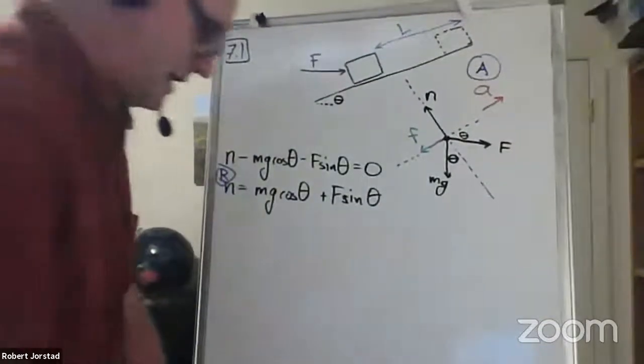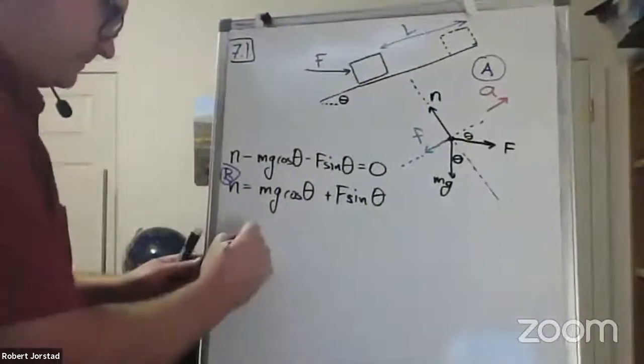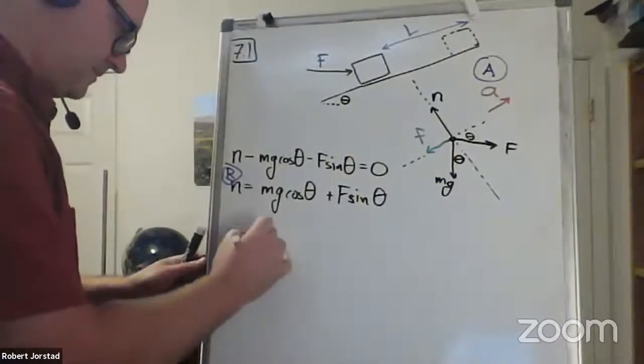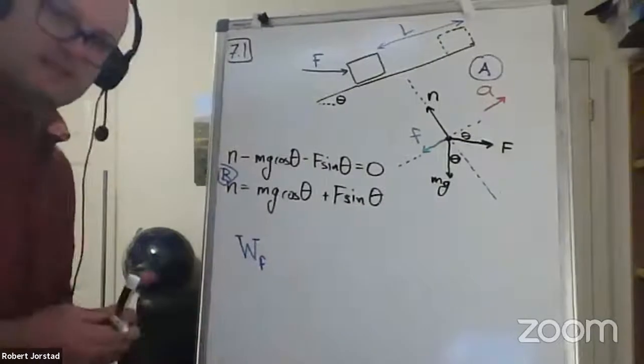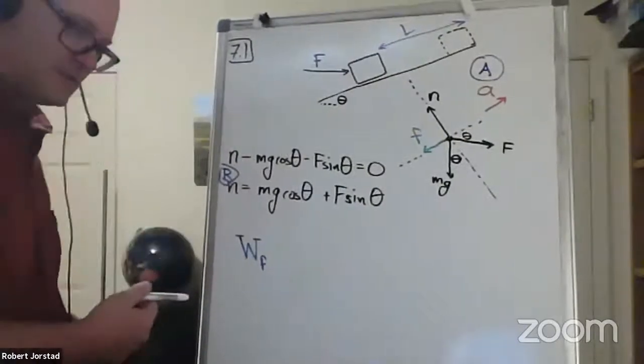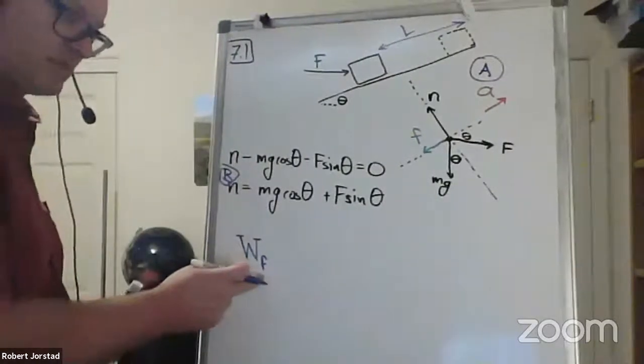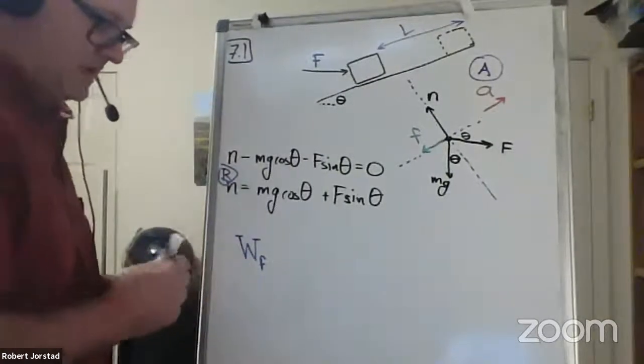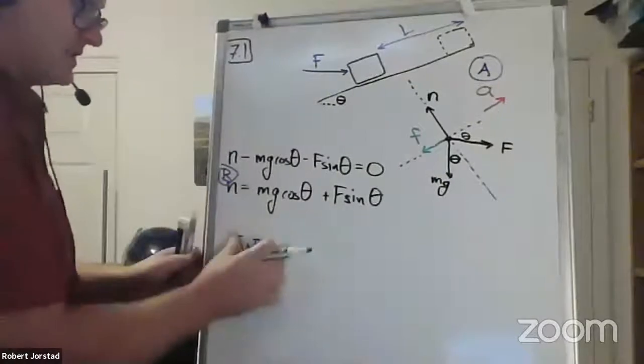Okay, the work done by friction. Notice why it's nice to have a capital F and a lowercase f, so we could tell the difference between work subscript capital F and work subscript lowercase f. And let's even do this one in green so it matches up there.